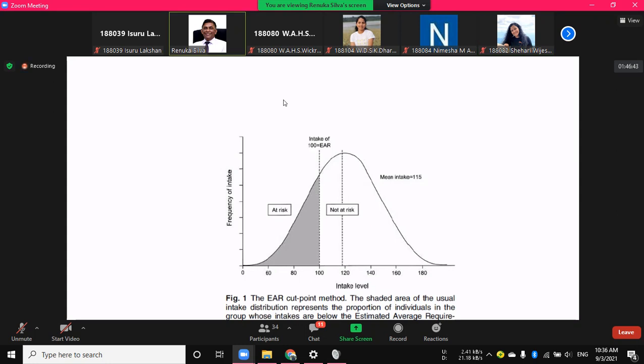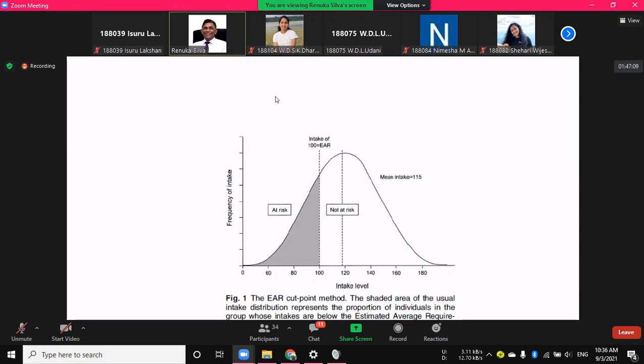Udan. Yes, sir. I thought that this. So the population, how many people in the population should reach the EAR? 50%. So then in this group, 50% have not reached the EAR.